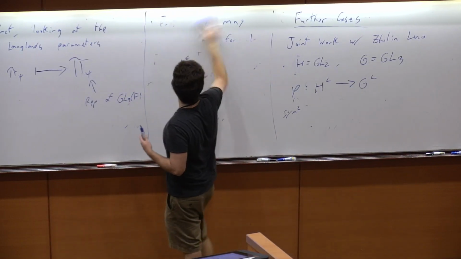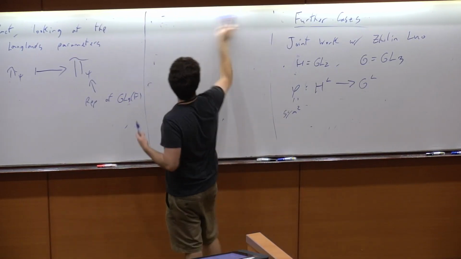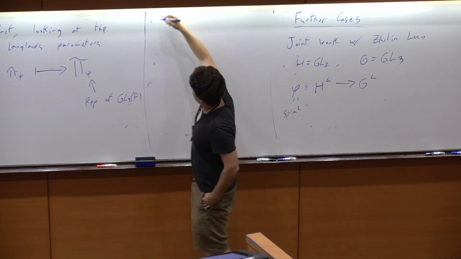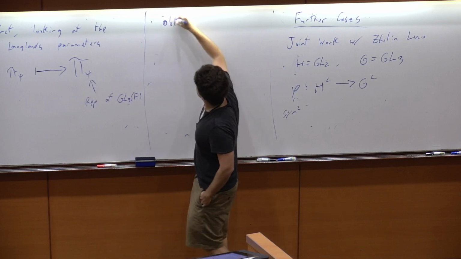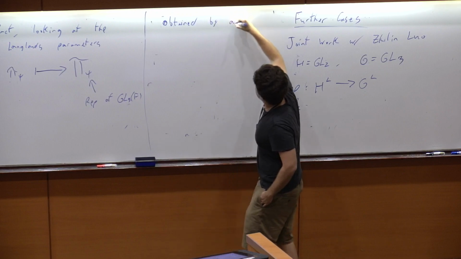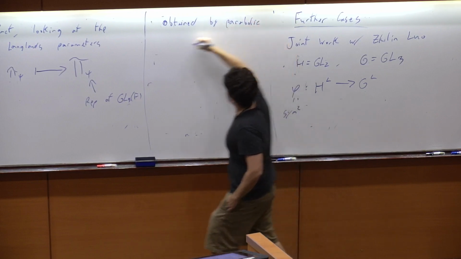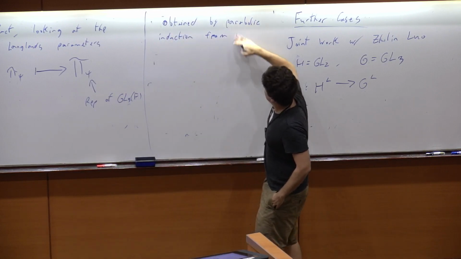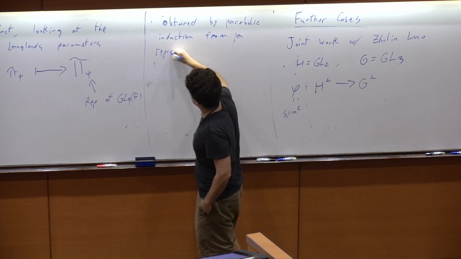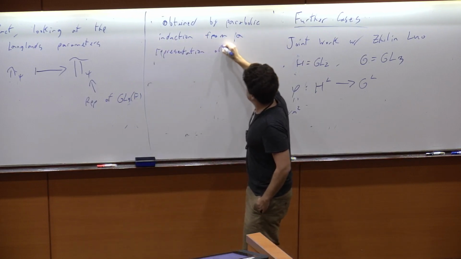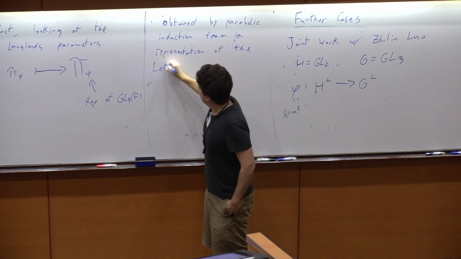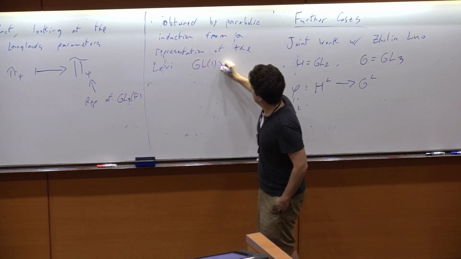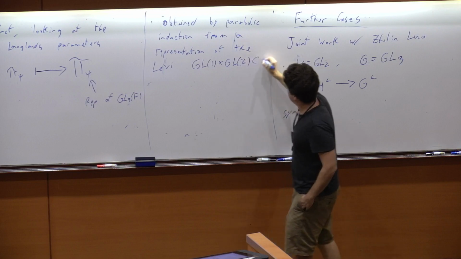It's the following. It is obtained by parabolic induction from a representation of the Levi subgroup GL1 times GL2 inside of GL3.